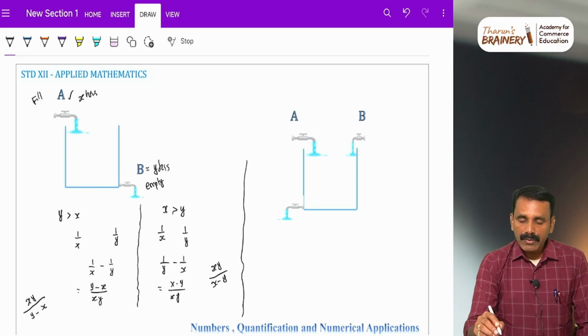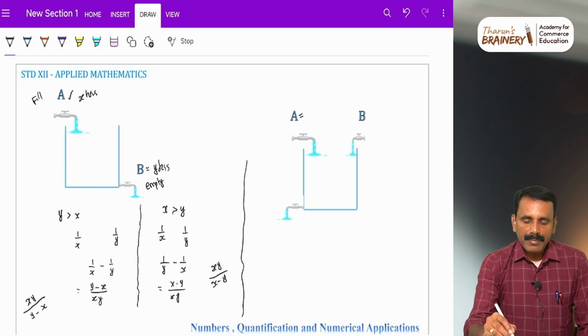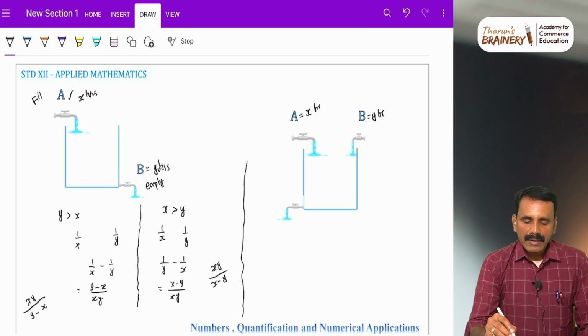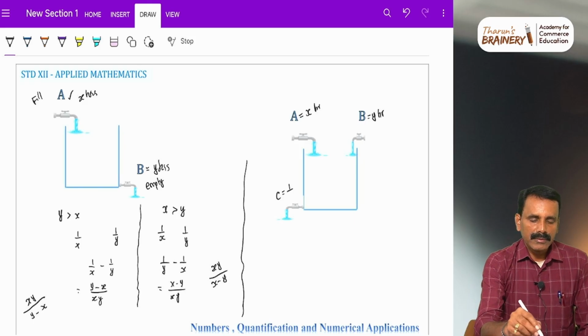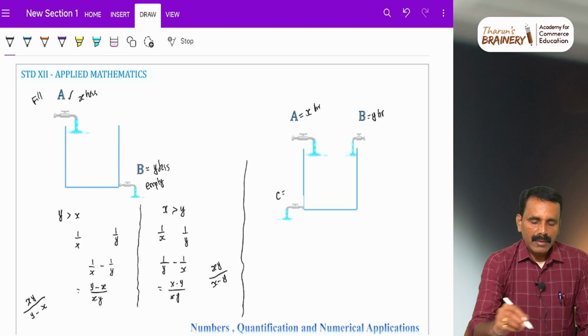Now, in the other case we have two taps which fill the tank and one pipe which removes the water from the tank. Pipe A takes X hours, pipe B takes Y hours to fill the tank individually, and pipe C removes the liquid in Z hours.